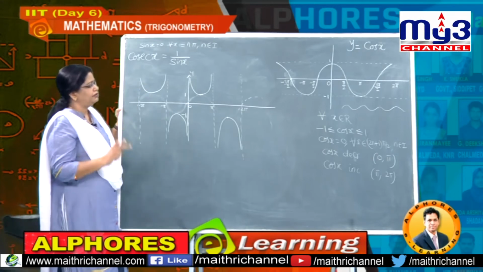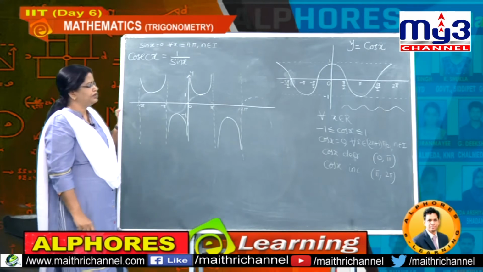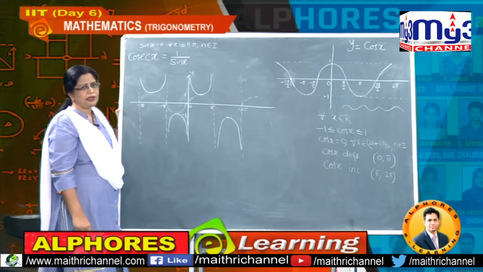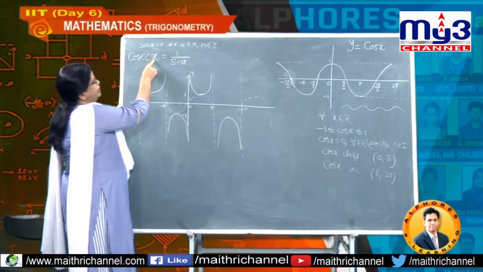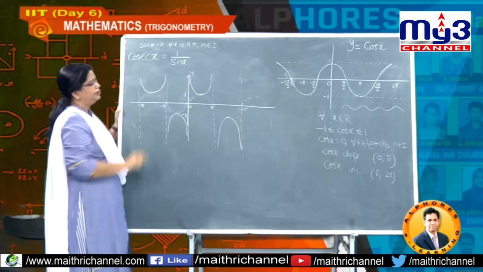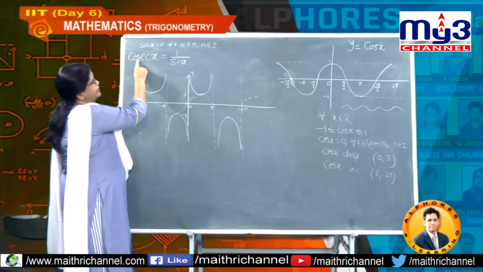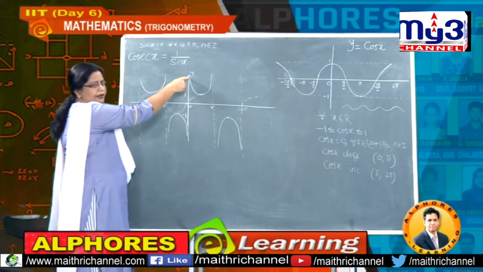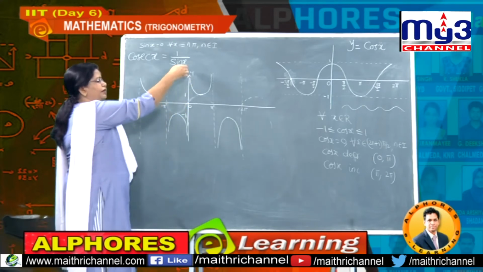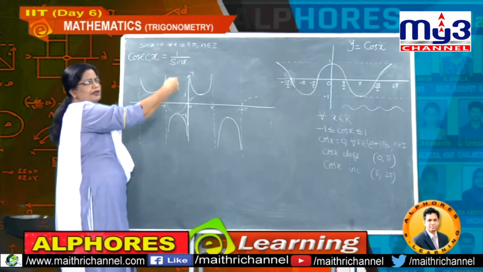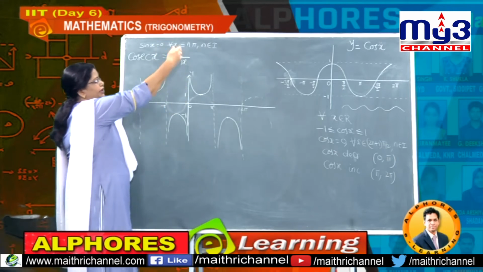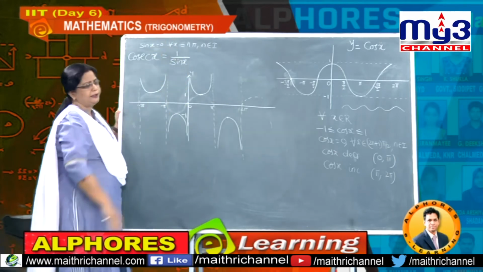Now let us check what our observations are. First of all, when x is tending to 0, that is when x is 0, what about the cosecant x value? It is undefined. And how is it undefined? Towards the positive side of y values, tending toward plus infinity. Okay.